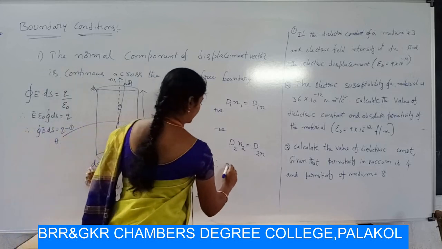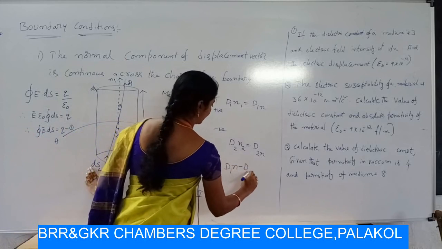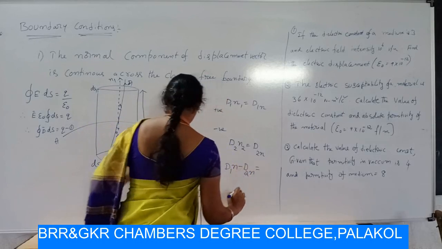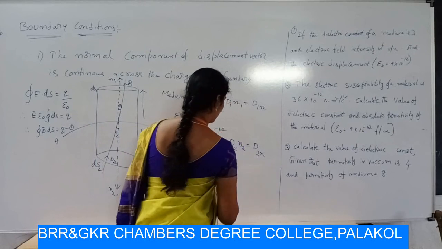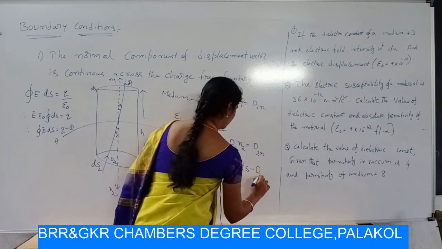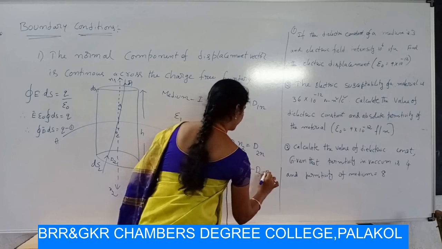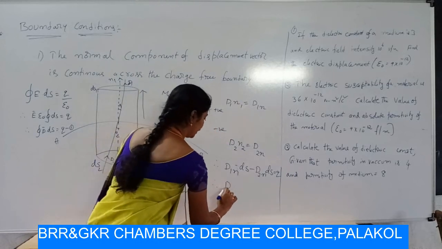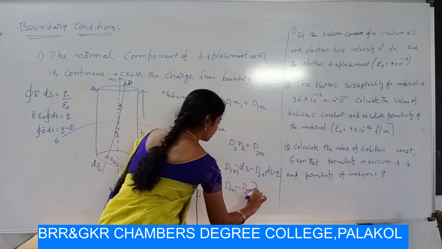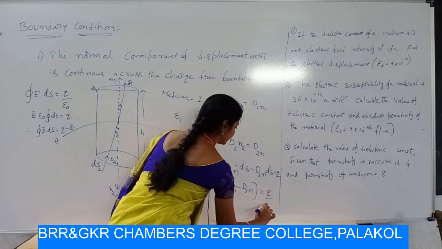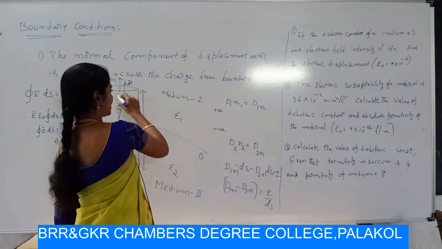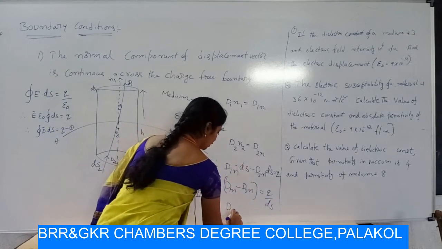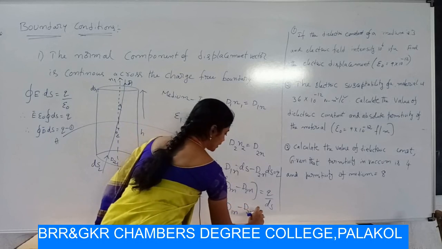Therefore D1n minus D2n equals the enclosed charge for this dS area, so D1n dot dS minus D2n dot dS equals q. Therefore D1n minus D2n equals q by dS, charge per area, which for the small element of the pillbox is the charge density. Then we can write D1n minus D2n equals sigma.